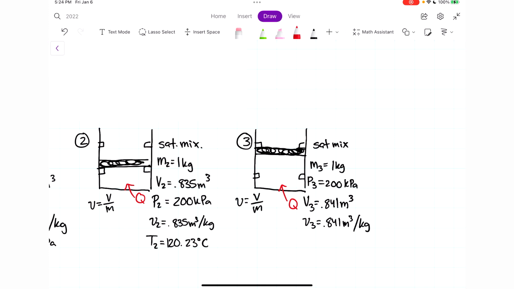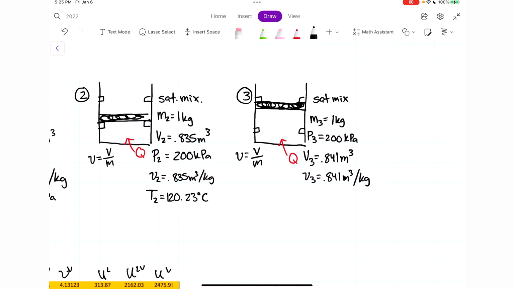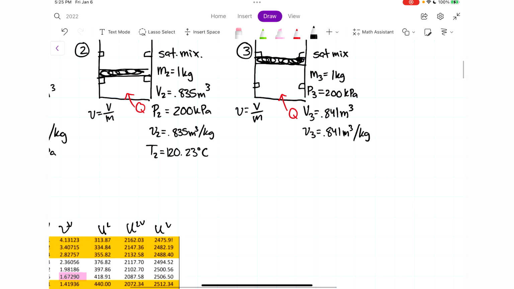We're not going to figure out how much heat we added in this problem. We'll figure it out in our next video, but we still need to know what this fourth state looks like in order to figure out work and such. Actually, we don't, but it's still important to know. So let's continue.